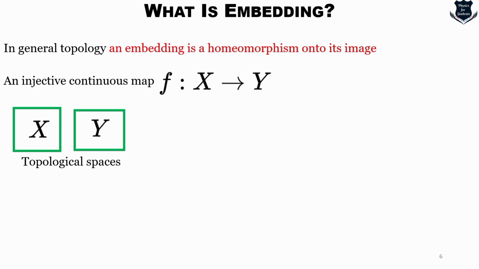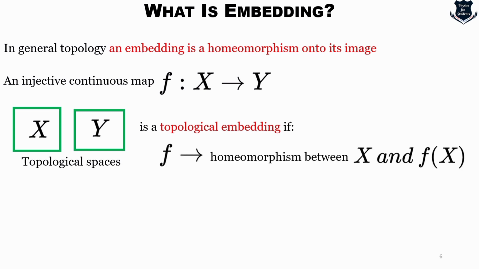So an injective continuous map F maps X to Y, where X and Y are topological spaces. Now, it is a topological embedding. We are talking, remember, in general topology. It is called a topological embedding if there is a condition. What is the condition? If F yields a homeomorphism between X and F of X.